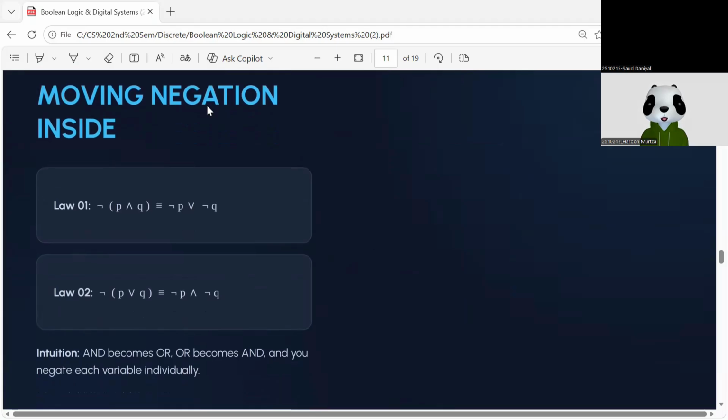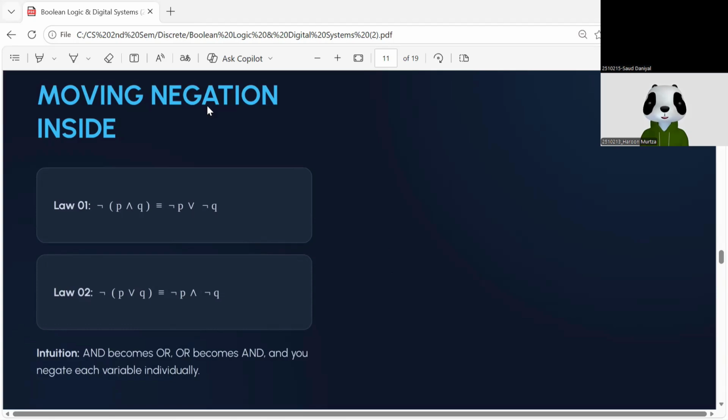So first law: the negation of AND becomes OR, and each variable is individually negated. For example, if we set P as 1 and Q as 0, then the negation of P and Q is equal to 1. On the right side, the negation of P or the negation of Q becomes 0 or 1, which is also 1.